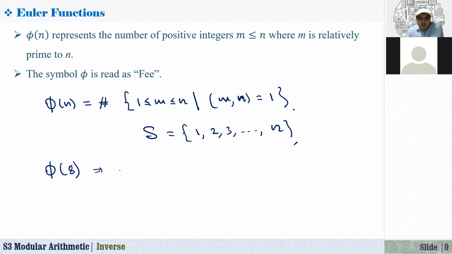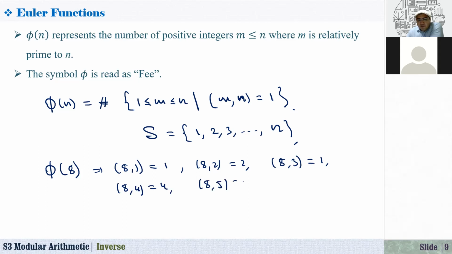If you just write some of these numbers, the highest common factor of 8 and 1 is 1, and of 8 and 2 it is 2, and of 8 and 3 it is 1, and of 8 and 4 it is 4, and of 8 and 5 it is 1, and of 8 and 6 it is 2, and of 8 and 7 it is 1, and of 8 and 8 it is 8.